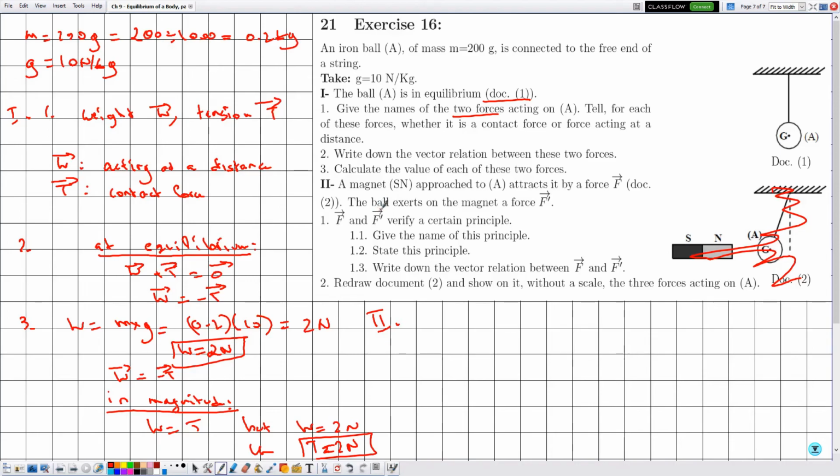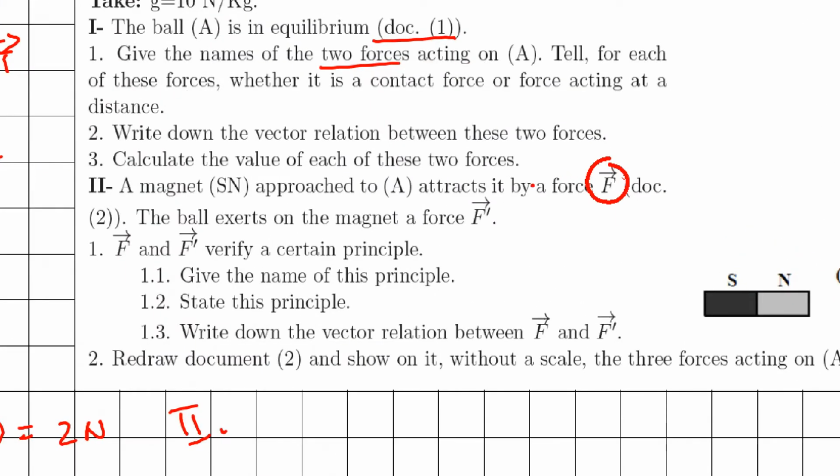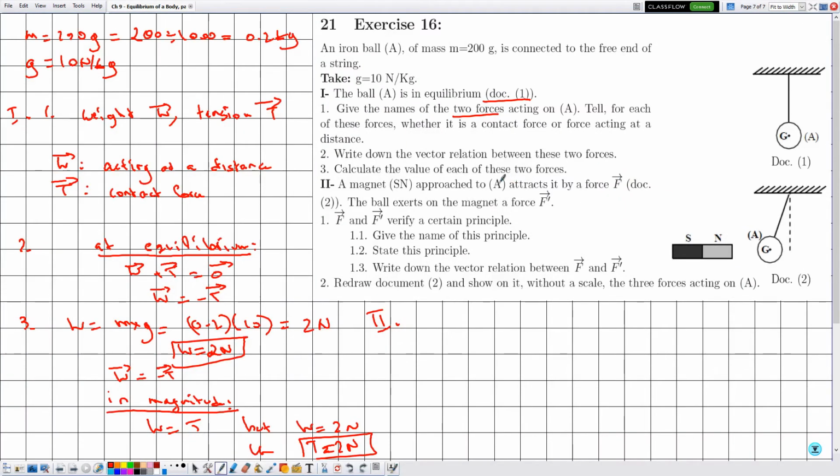Now in number 2, a magnet as an approach to A attracts it by force F, document 2. Now they mention document 2, now we are allowed to use it. F is the force due to the magnet, so this is the magnetic force.